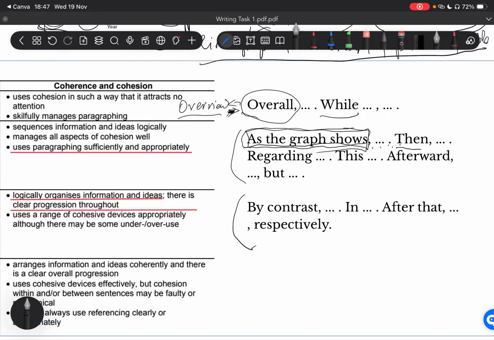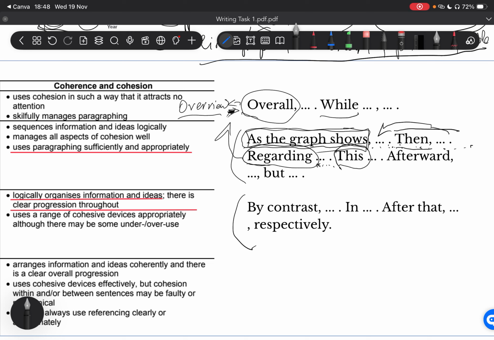And then we have cohesive device like then, which shows that this is coming from the previous sentence. So this happened and then this happened. Regarding, it's also a good cohesive device, which is connecting your sentence to the data from the graph. So regarding film clubs, yeah, and this is a good reference word.